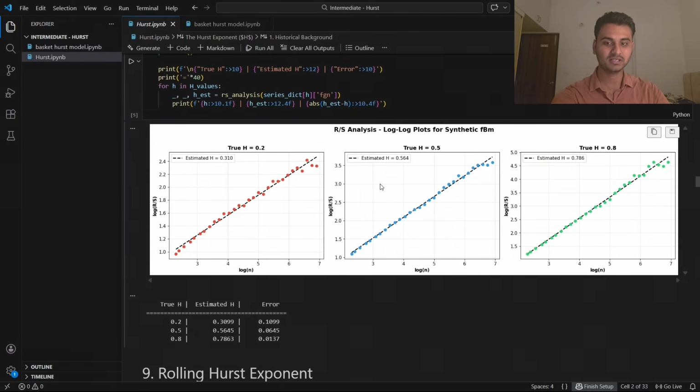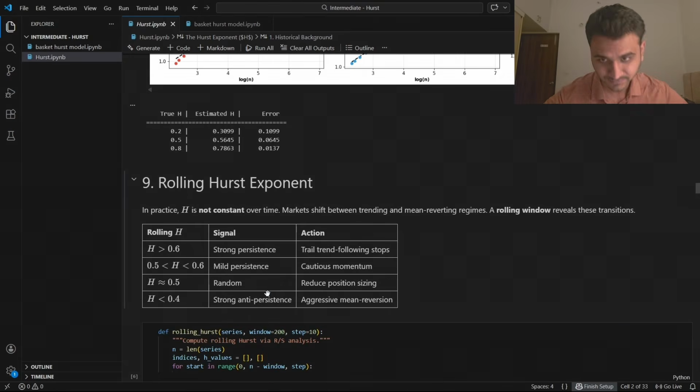The error is calculated. Now talking about rolling Hurst. In practice, Hurst is not constant over time. Markets shift between trending and mean reverting. So we use a rolling window to reveal these transitions, as well as to avoid look-ahead bias. We will be talking a lot more about look-ahead bias and survivorship bias in the beginner pillar.